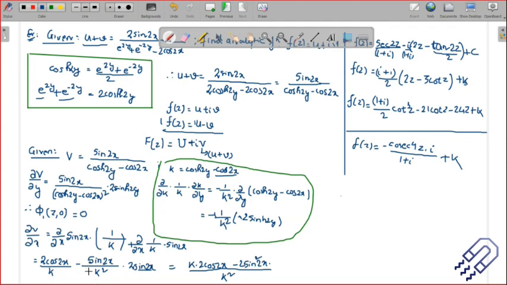You just take the LCM, you should get 1k here, so that is 1k, and then LCM is k square, and that's it, right?